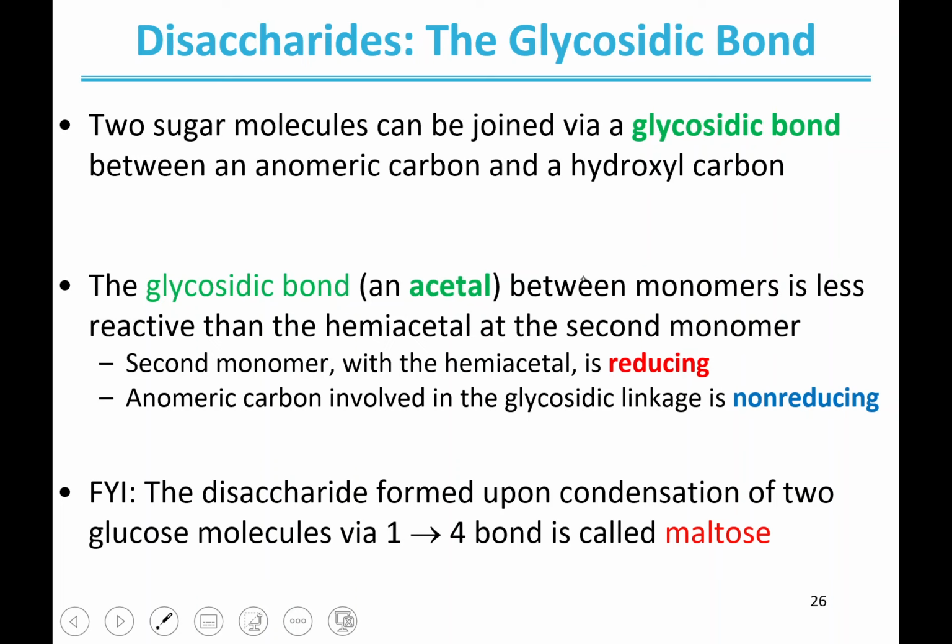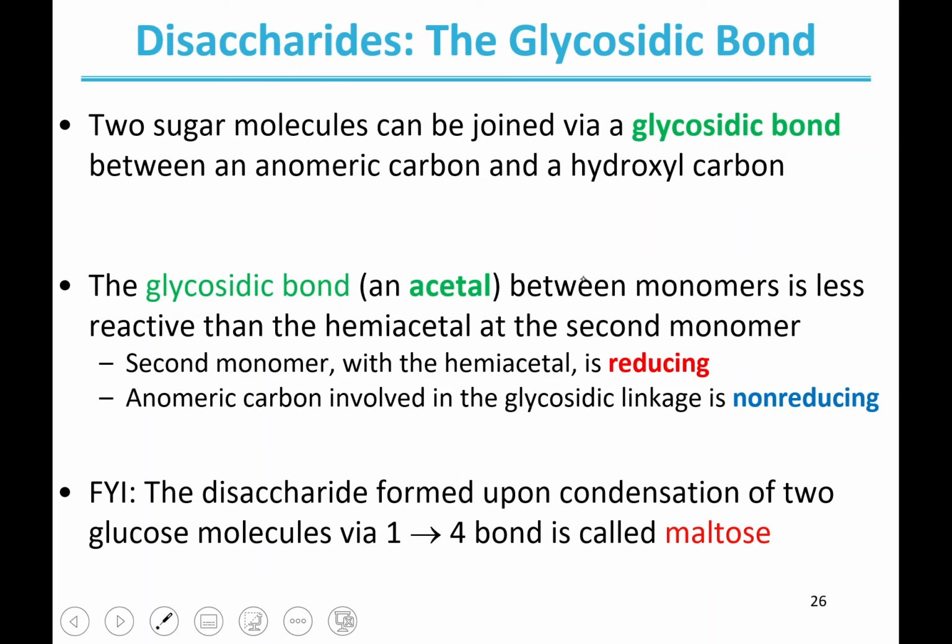A reducing sugar has a hemiacetal functional group. A non-reducing sugar has an acetal group. So any carbon that has its anomeric carbon involved in a glycosidic linkage, which forms an acetal, is going to be non-reducing.